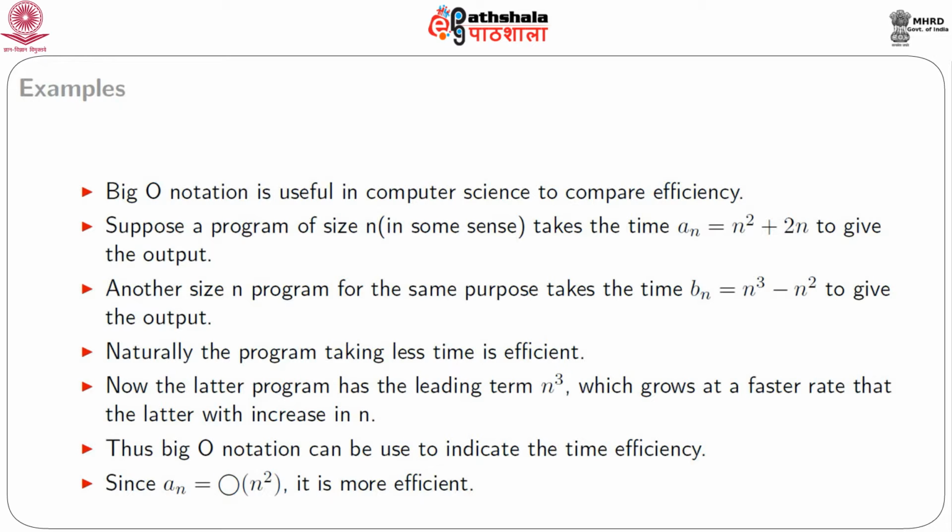Naturally, the program taking less time is efficient. Now, the latter program has a leading term n cube, which grows at a faster rate than n square. Thus, big O notation can be used to indicate the time efficiency. Since a_n equal to big O of n square, it is more efficient.